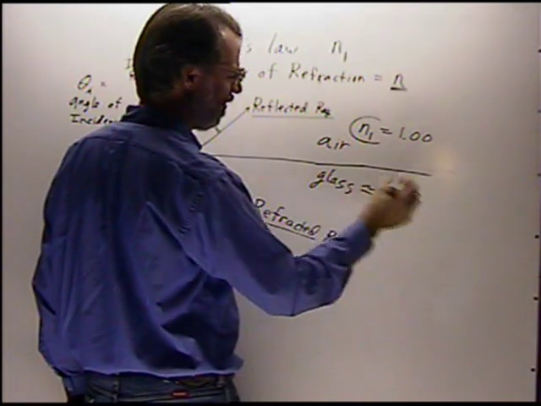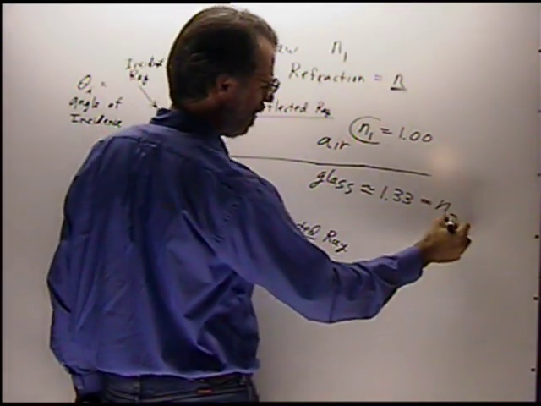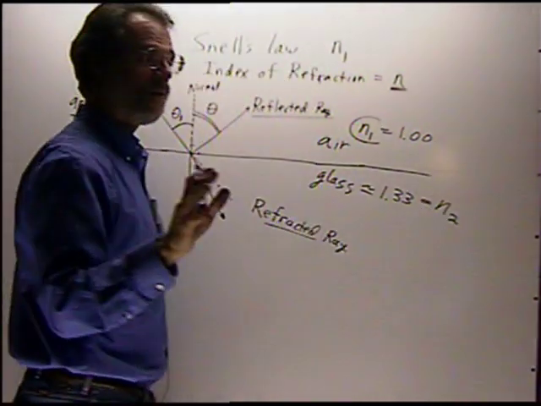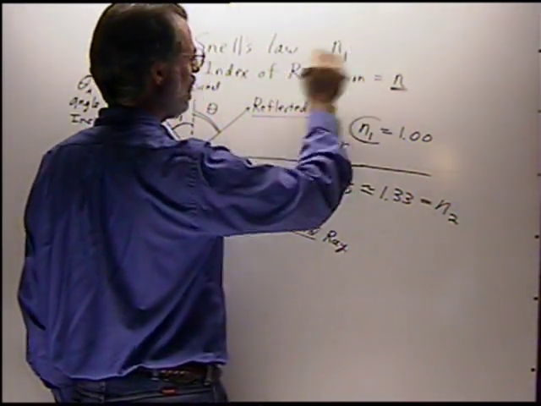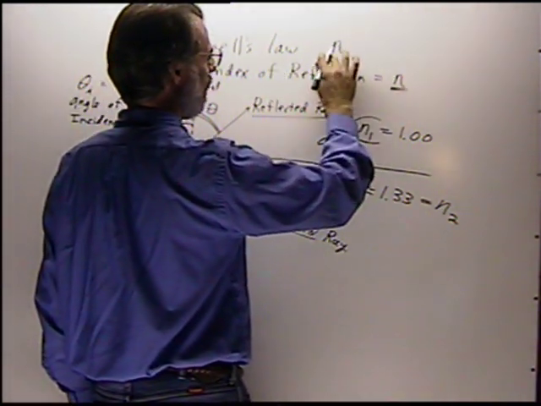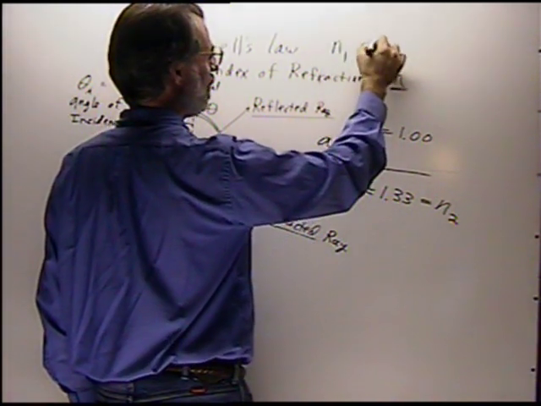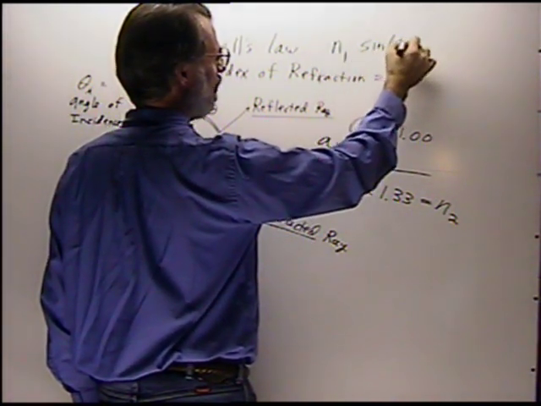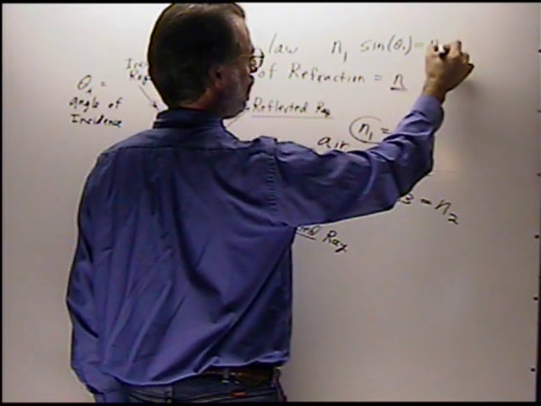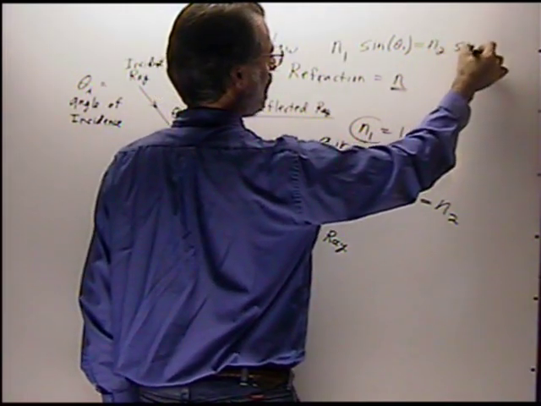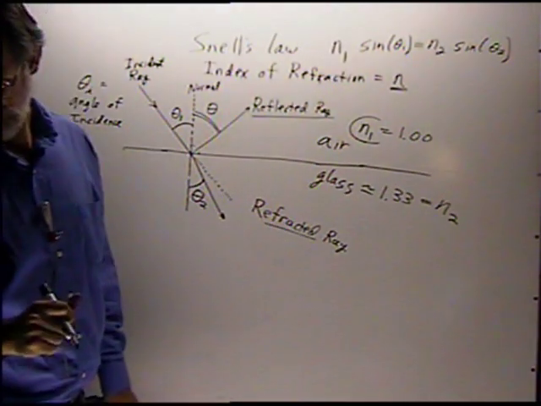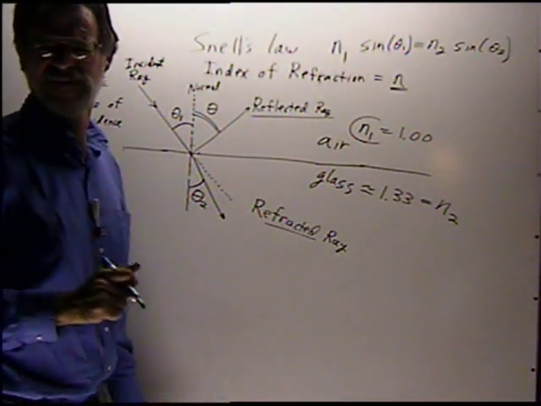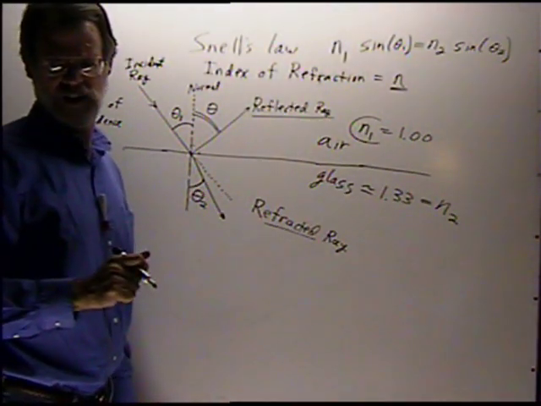Now we haven't even defined what this is yet, but we will. But before we get there, Snell's law says that the index of refraction N1 times the sine of theta 1 is equal to N2 times the sine of theta 2. Okay?